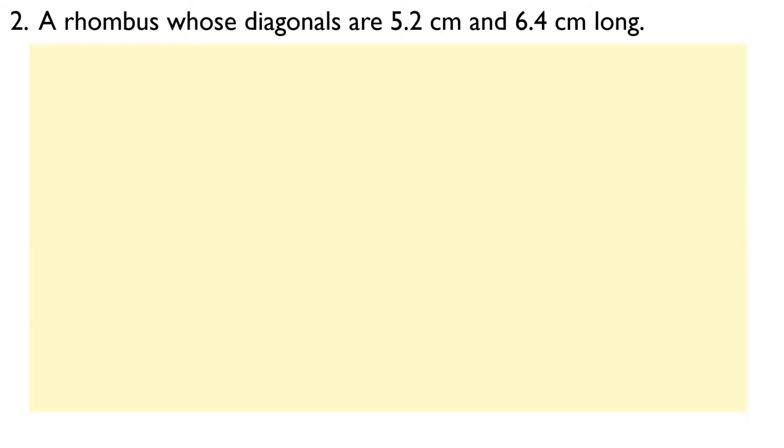Next, question number 2. A rhombus whose diagonals are 5.2 centimeter and 6.5 centimeter. Now here we have to construct a rhombus whose two diagonals measurement are given. Previously also we have solved that if we are constructing a rhombus, two conditions might be given.